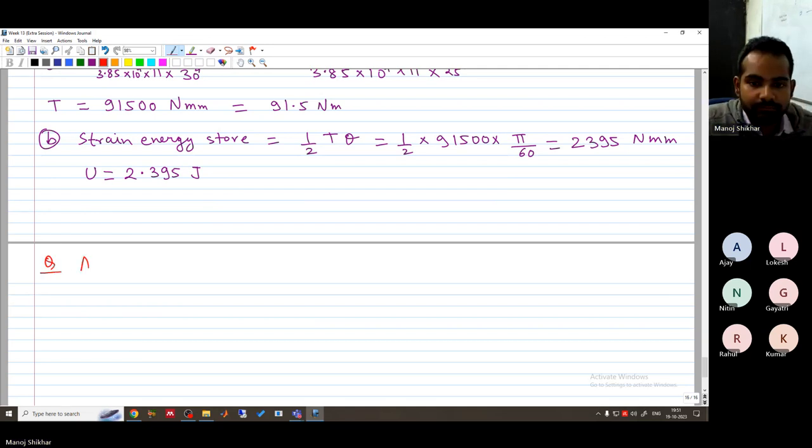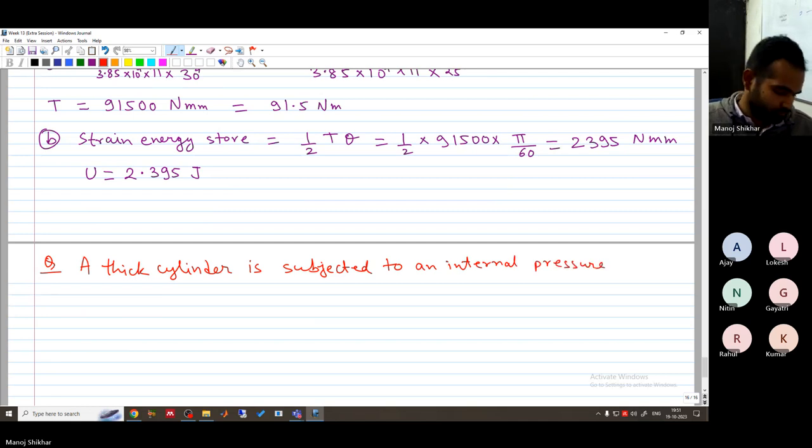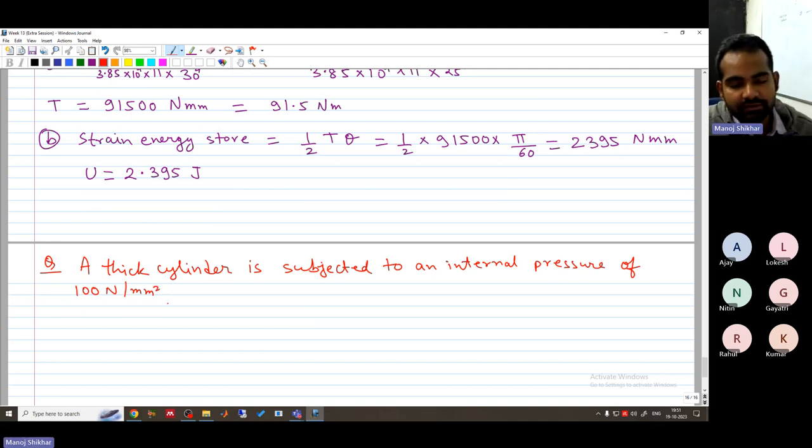The question is, a thick cylinder is subjected to an internal pressure of 100 Newton per mm square. This is basically megapascal. Remember that Newton per millimeter square is megapascal.